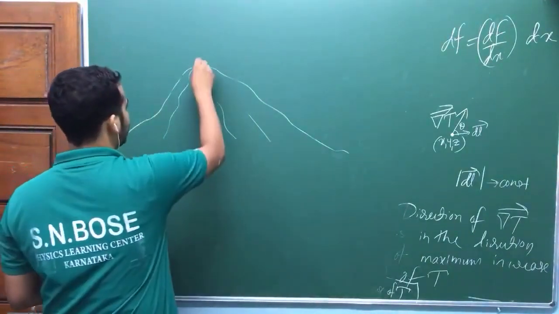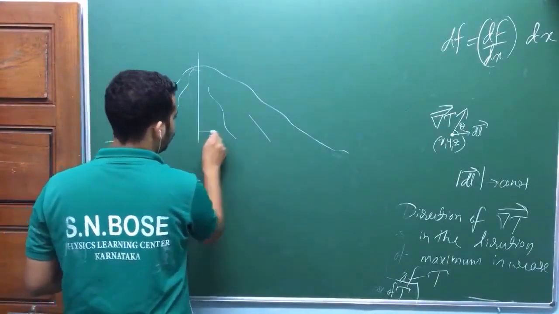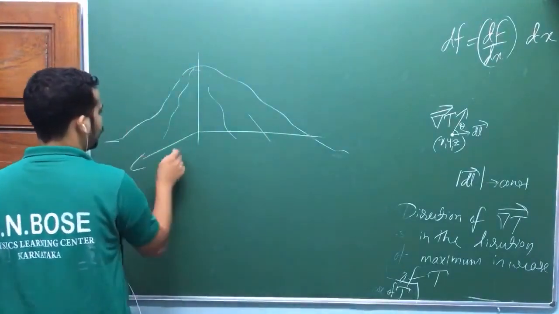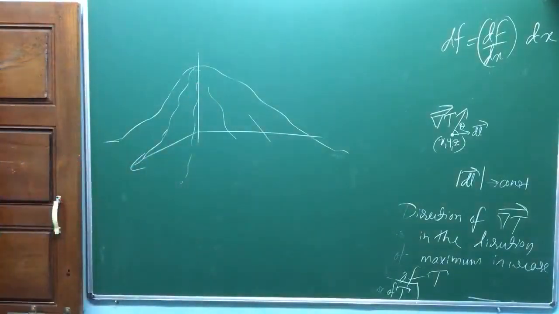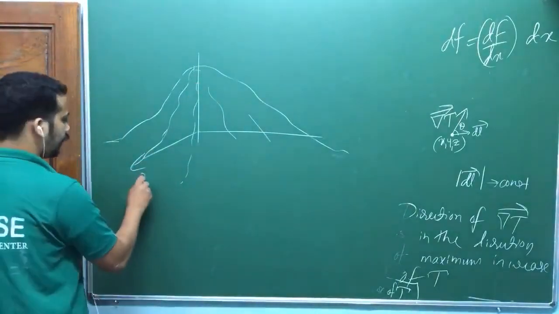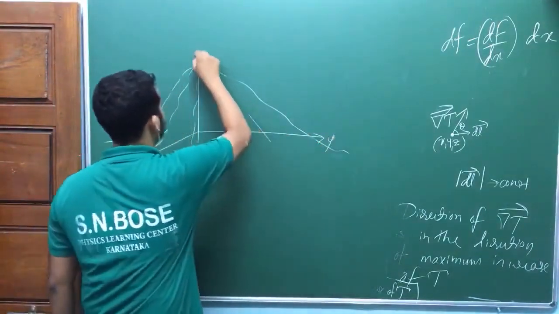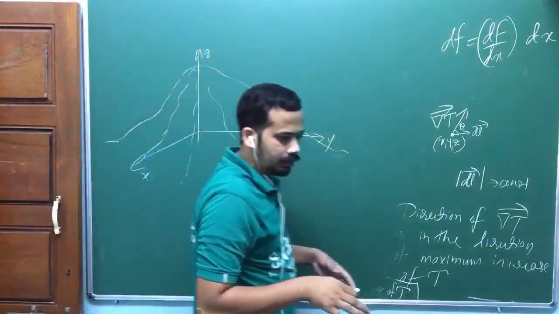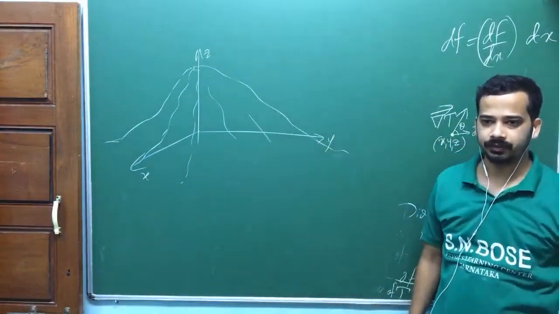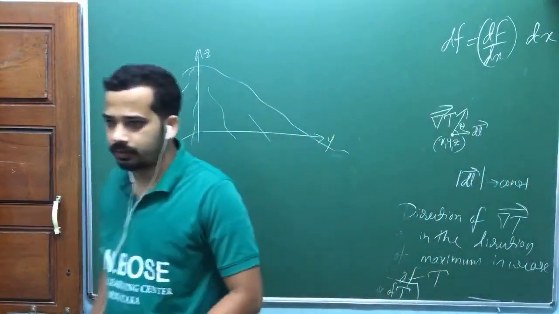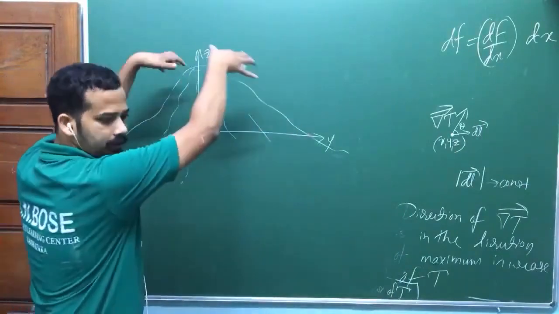Look at here. What I can do here is, can I just draw like this? This is a hill. X-axis, Y-axis, Z-axis. Okay. Now I want to write a function for the surface of the hill. This hill has a surface, am I right?